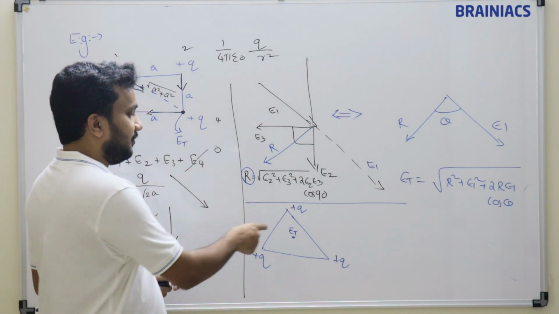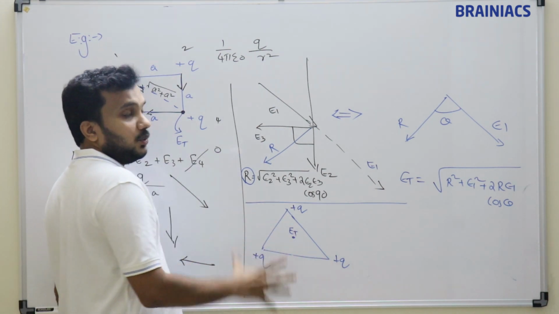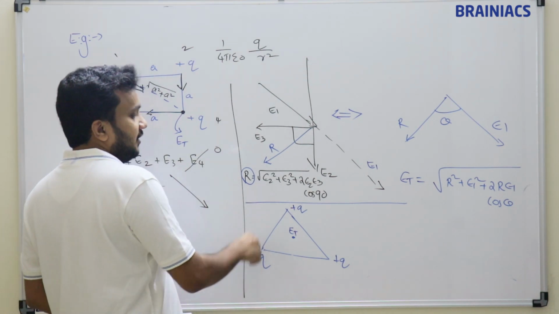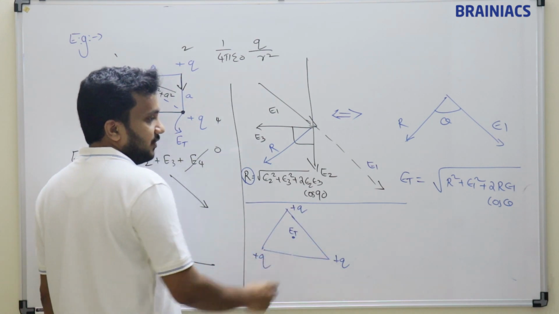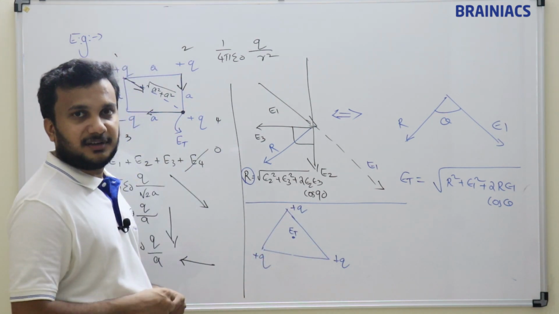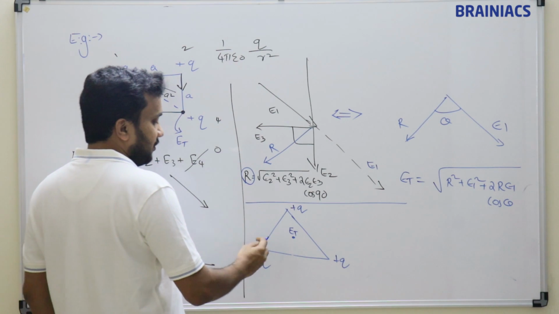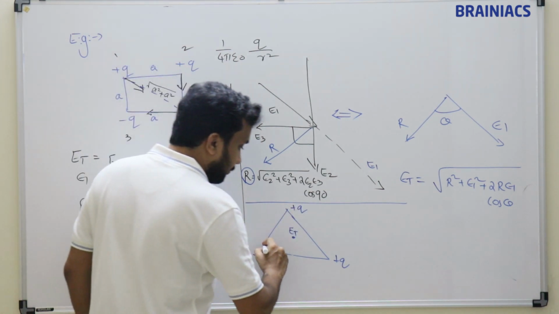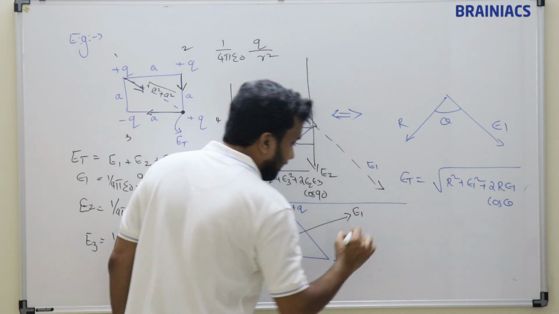You know, at this point we have 3 equal charges. So electric field due to one charge, electric field due to the next charge, and the next charge. Each and every charge, we have to find the electric field. So the electric field due to this plus q is away from the plus q, right? So this is like this. This I am giving as E1.